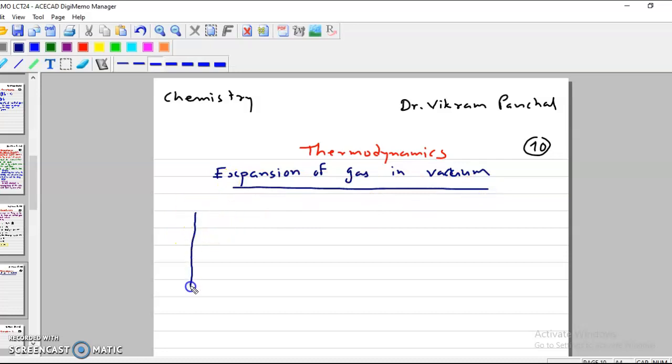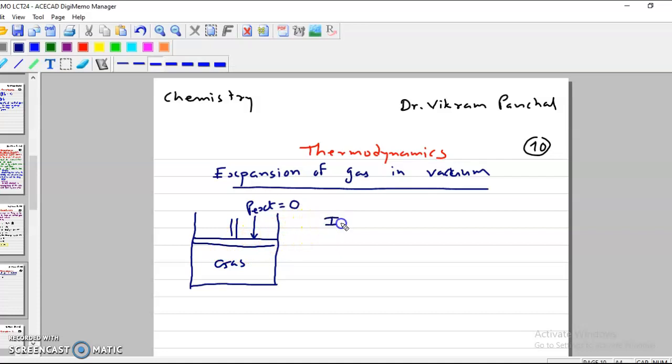This we have already discussed, but once again, suppose a gas is filled in this cylinder. This is a piston which is kept over here. Here we apply pressure P external, but in vacuum P external will be 0 because expansion takes place in vacuum.